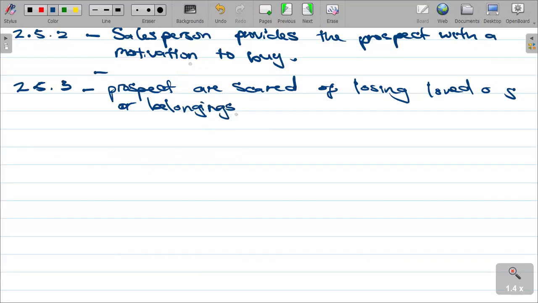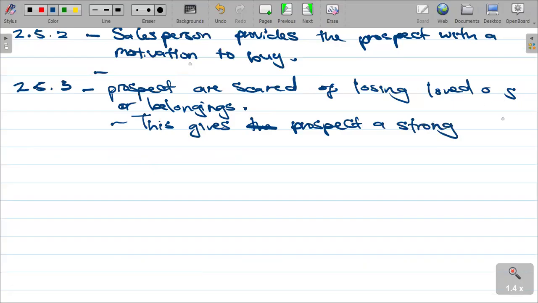So this will give the prospect a strong drive to buy the product because he's afraid that he will lose his belongings.